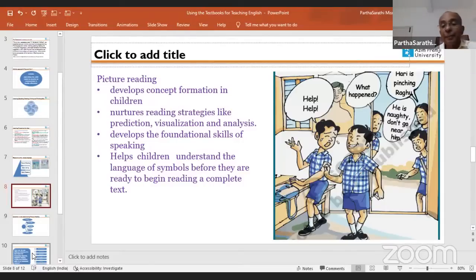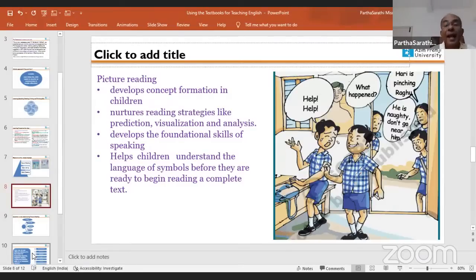Or there is a picture of a forest and there is a boy. You ask the question: if you were present in the forest shown in the picture, how would you spend the night in that forest? Let them position themselves in that situation, let them start thinking and let them respond.